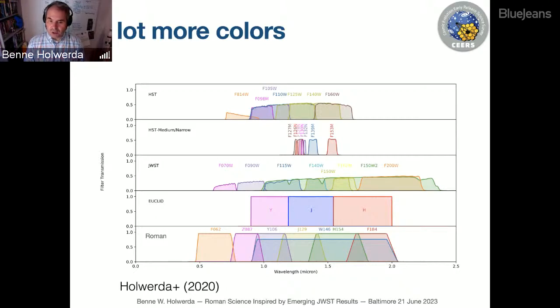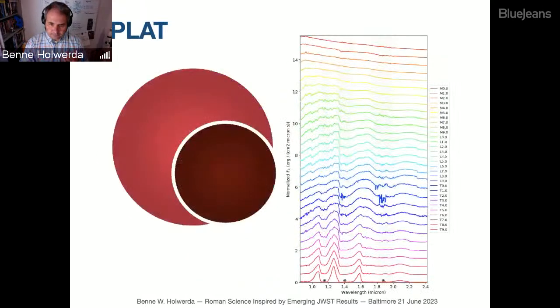So there are a lot more colors in the near-infrared with JWST compared to, say, HST. And Roman as well has a whole suite of filters that you can potentially use. So I use the SPLAT SpeX spectra catalog for this.